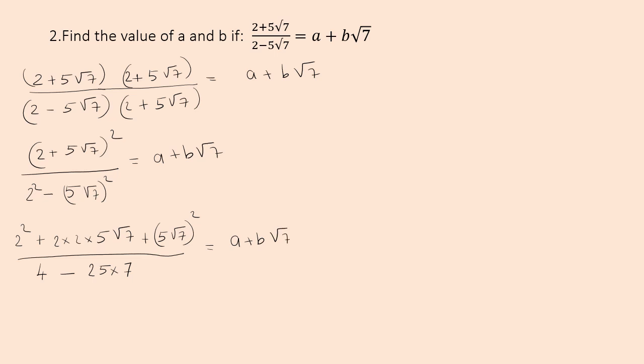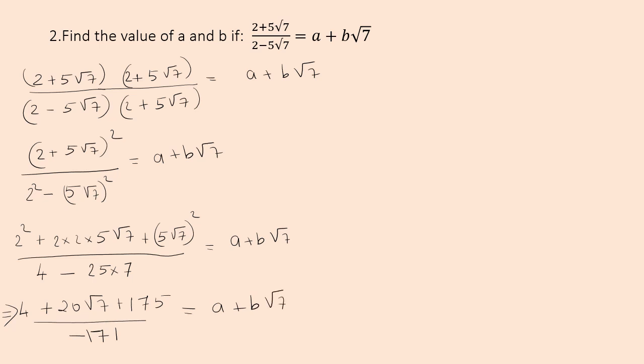Now simplify the numerator, you are getting 4 plus 20 root 7 plus 5 square is 25, 25 multiplied by 7, that is 175, upon minus 171. 4 minus 175 is equal to minus 171, equal to a plus b root 7.